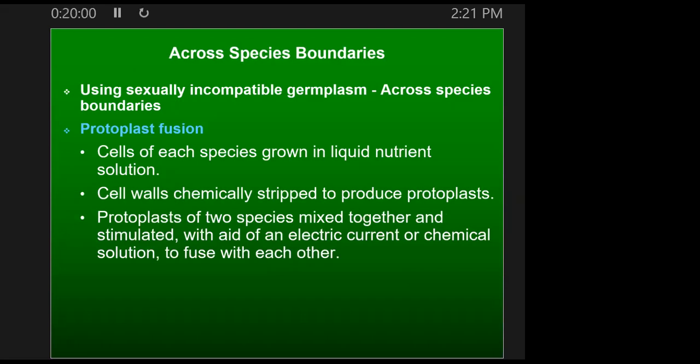And then, through tissue culture technique, you encourage that fused cell to divide, grow until it becomes a plant. And hopefully you'll have the characteristics that you want in one plant. And it sounds really bizarre, but they call it hybrid fusion.